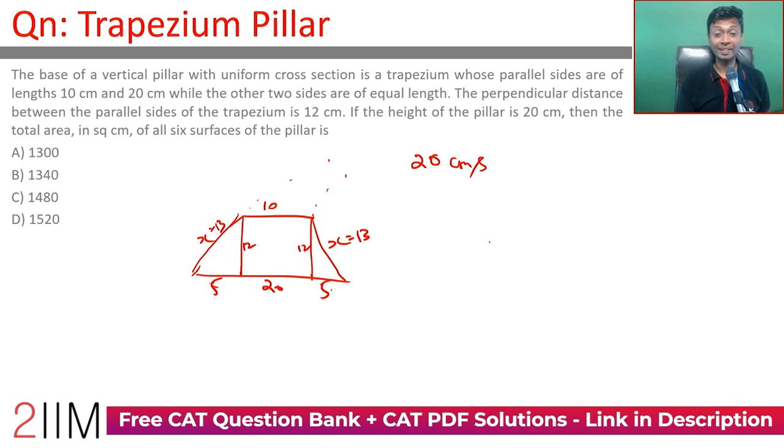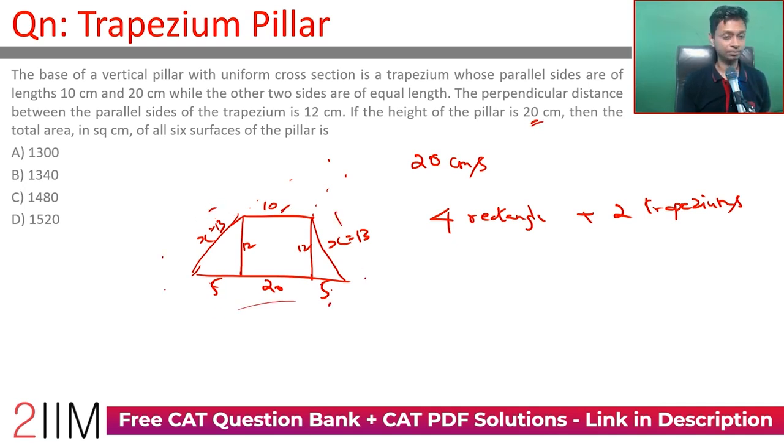And so that particular pillar will have as its sides 4 rectangles plus 2 trapeziums, one on the top, one on the bottom. For the 4 rectangles, one side will be the height, the other side will be 10, 20, 13 and 13.